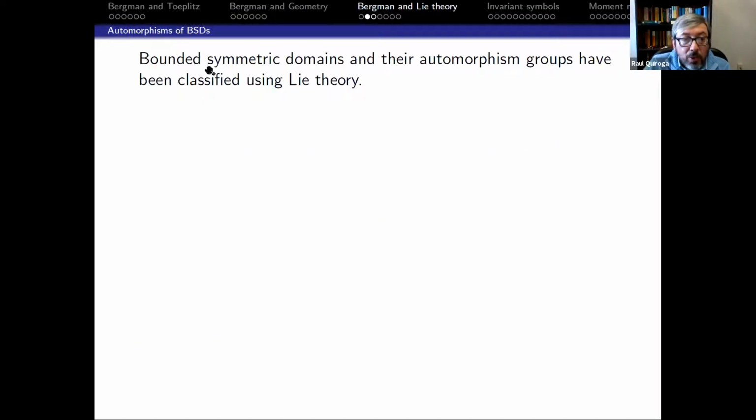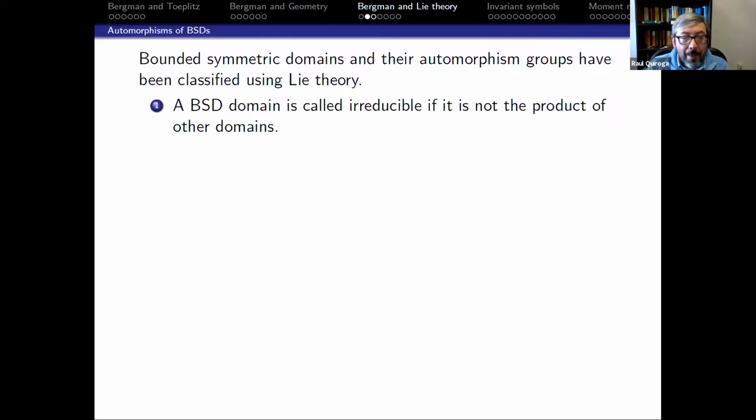The first thing to notice here is that bounded symmetric domains and their automorphism groups have been classified using Lie theory. Thanks to Lie theory, you know precisely which are these bounded symmetric domains. This was done by Elie Cartan. So let me explain some of the very basics of the theory of bounded symmetric domains with respect to Lie theory.